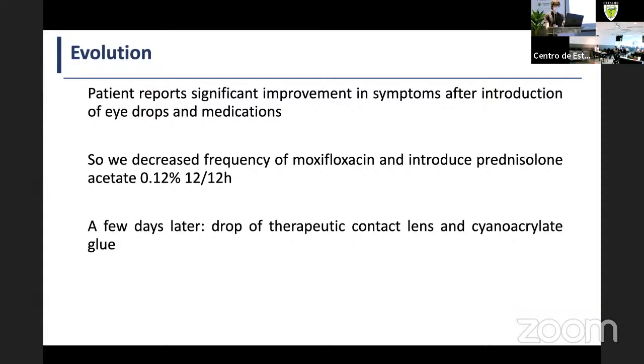In the evaluation of the case, the patient reported significant improvement in symptoms after introduction of the eye drops and medication. So we decreased the frequency of moxifloxacin and introduced prednisolone acetate 0.12. A few days later, he told us about a fall of the therapeutic contact lens and the cyanoacrylate glue.